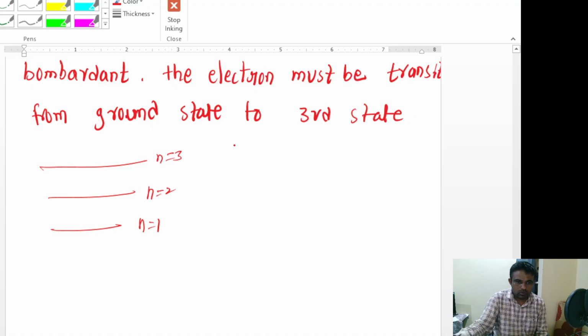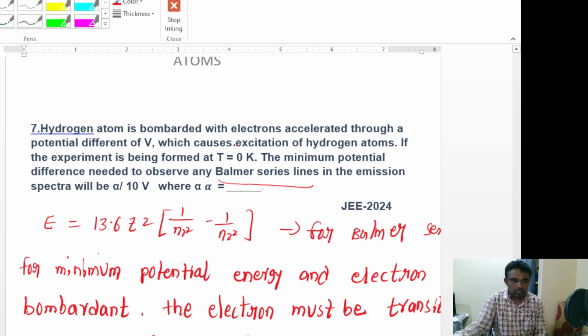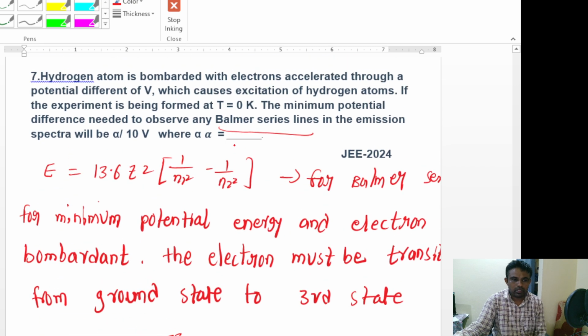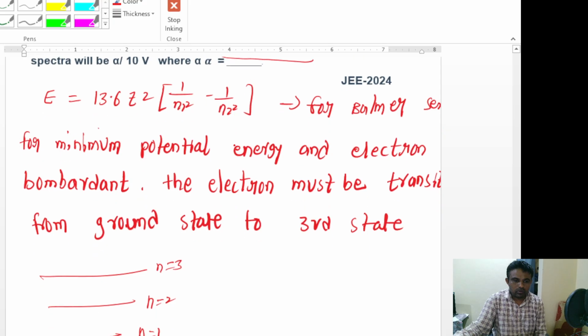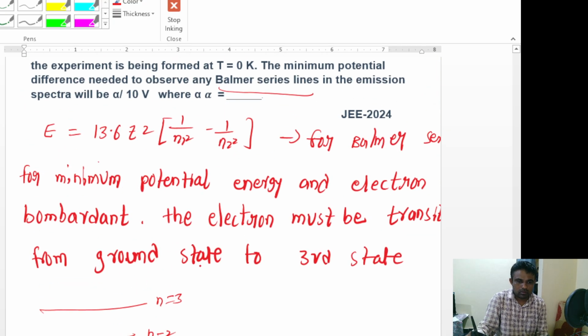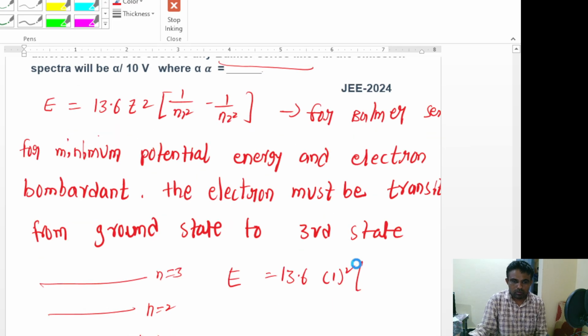Okay, so here the energy is given. We have to find the alpha value. So E is equal to 13.6 into Z value 1 for hydrogen, so 1 by n1 square, 1 square, minus 1 by n2 square, 3 square.